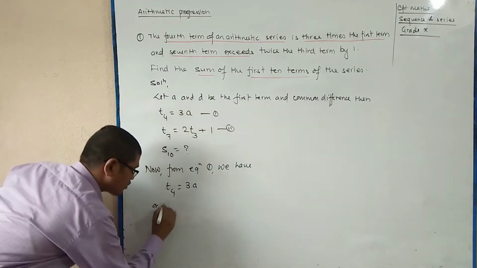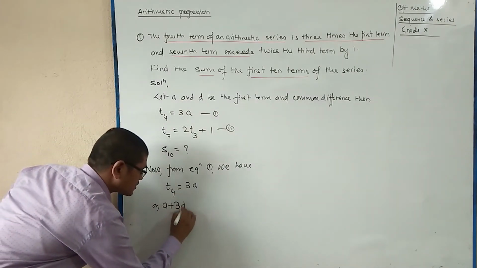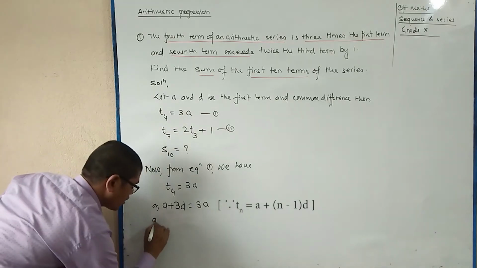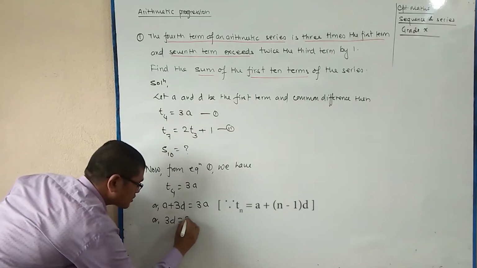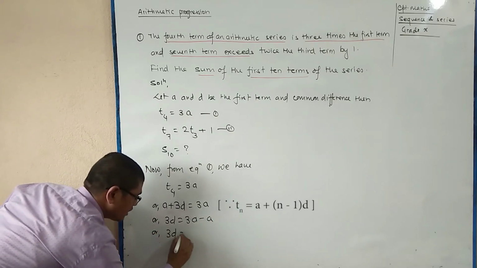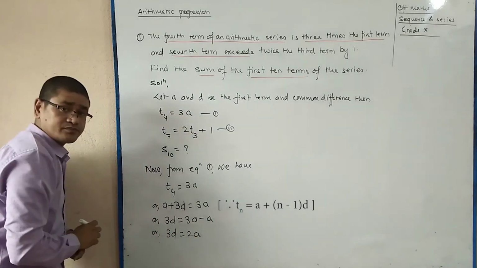T4 means A plus 3D equals 3A. Or 3D equals 3A minus A, or 3D equals twice A.